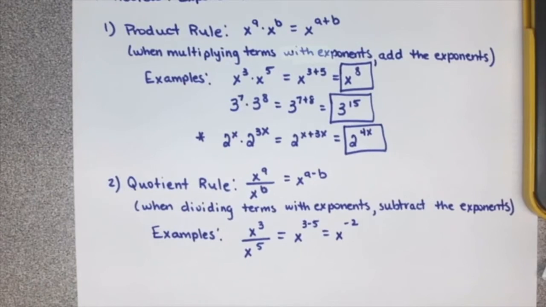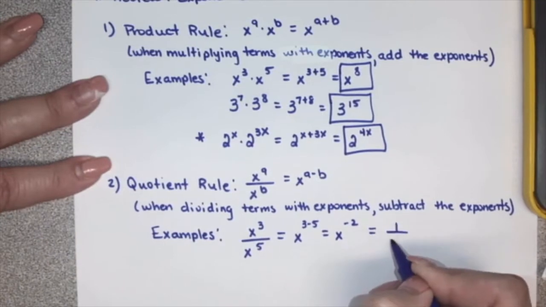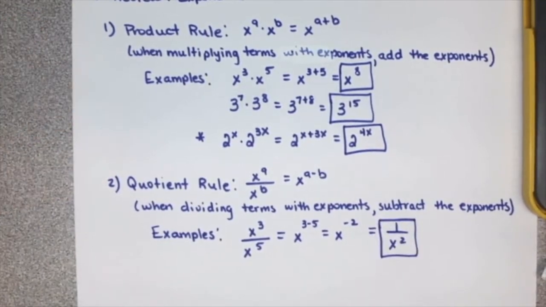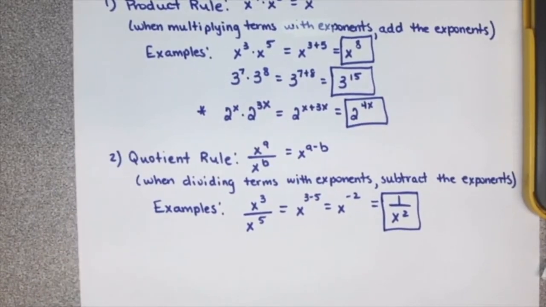Okay, if you're still not comfortable with negative exponents, you need to review that, because you're going to need to get more comfortable with them. This is the same as 1 over x squared, and in fact, that's how I would want you to write that answer. I would not want you to leave it as x to the negative 2 power. It's 1 over x to the positive power, whatever it happens to be. Remember, negative exponents create fractions.